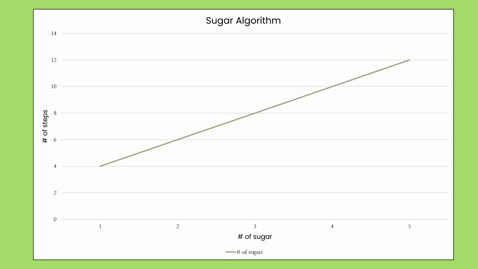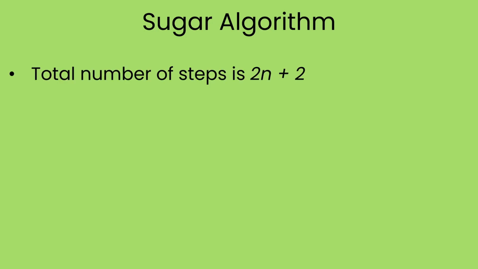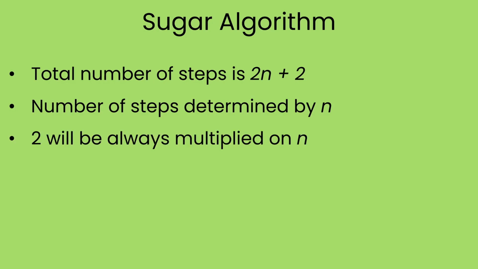As the number of required scoops of sugar increases, so does the number of steps performed in our coffee making algorithm. The function for the total number of steps will be 2n plus 2. The number of steps is determined by n. 2 will always be multiplied by n no matter what value the n has.